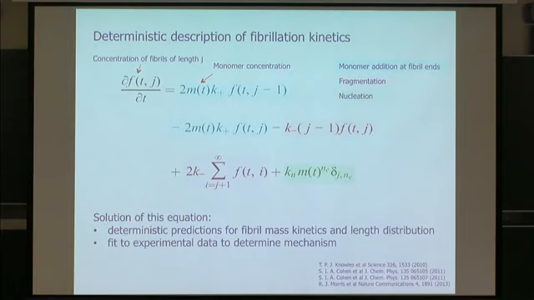What's been done quite a lot in recent years in the literature, and also somewhat by us, is writing down a deterministic description of this model. You can write down an equation for the dynamics of the concentration of fibrils of length j. This is actually a whole set of equations, one for each fibril length j, and they're all coupled. You've got terms for the addition of monomers at the end, which depend on the monomer concentration, terms for fragmentation, and a term for the nucleation.